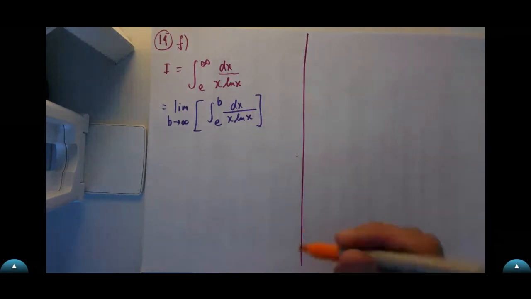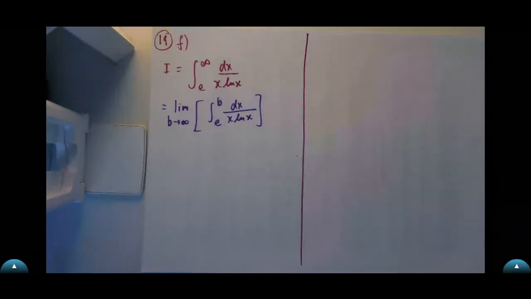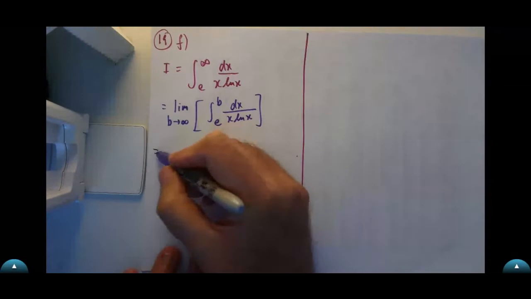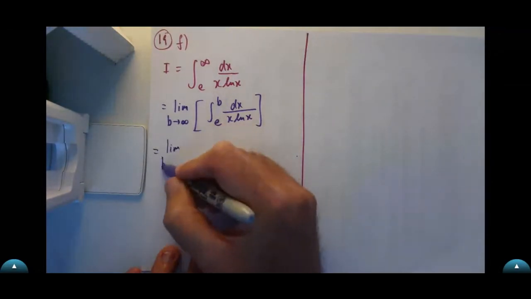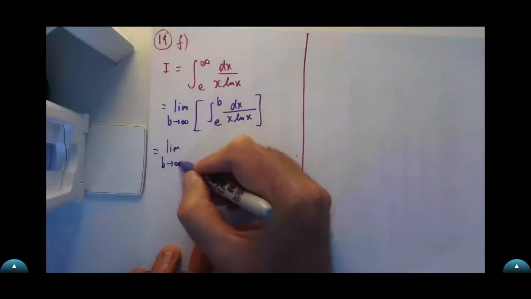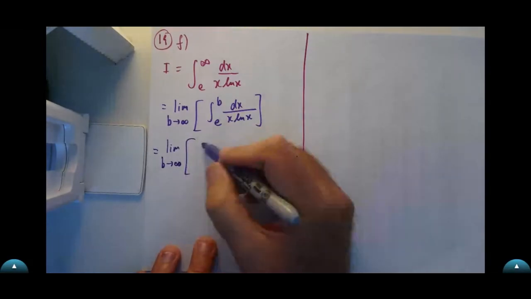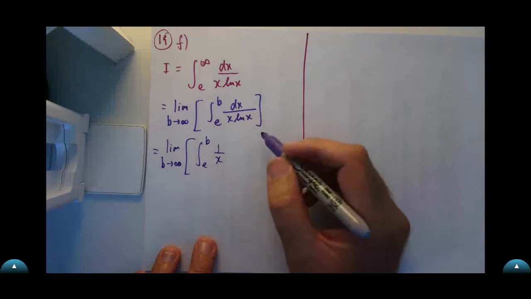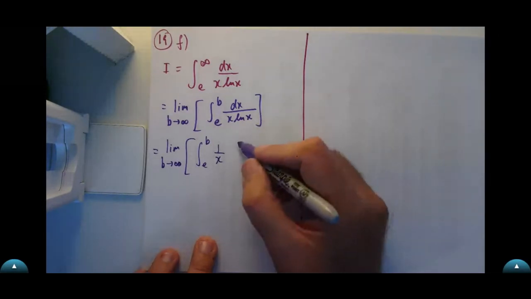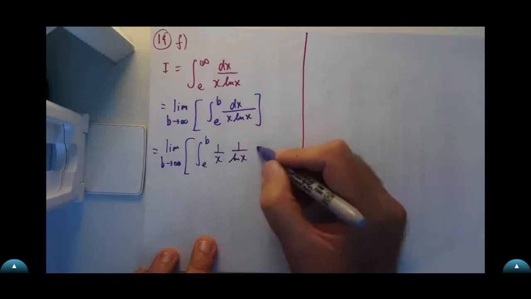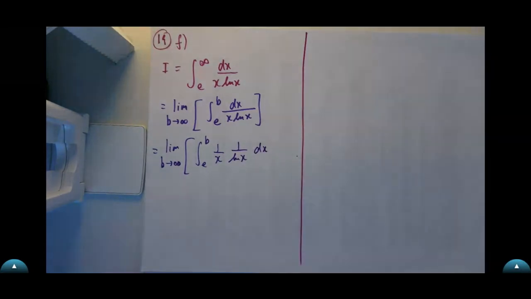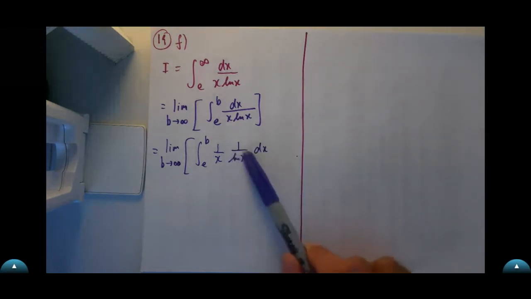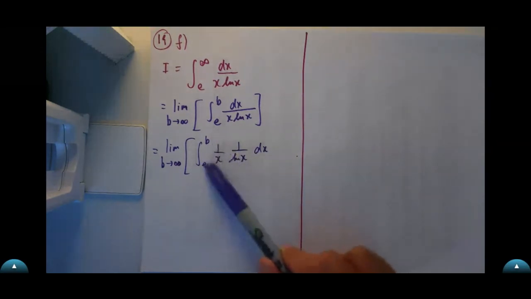So the way I would do it is using a substitution. So let me just write it out a bit more, and you can see where it's coming from. So you've got 1 on x times 1 on log x dx. Okay, so can you see a relationship between logarithm x and its derivative?